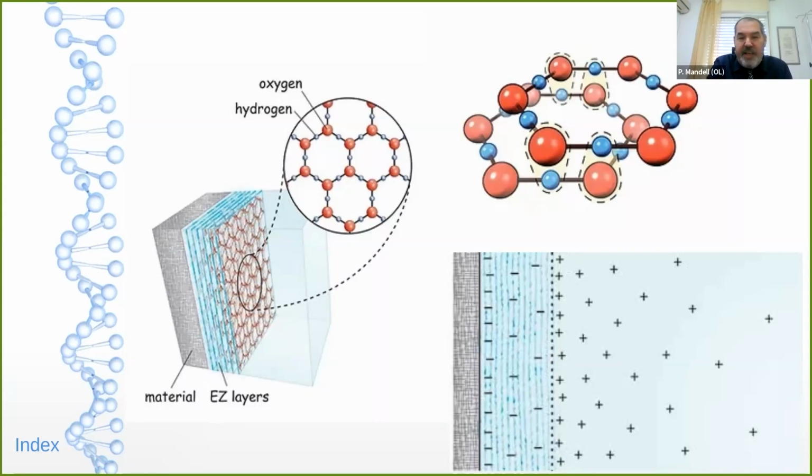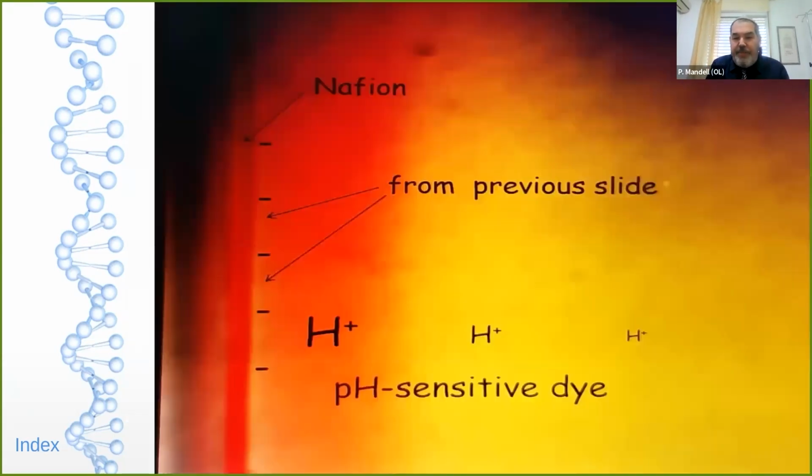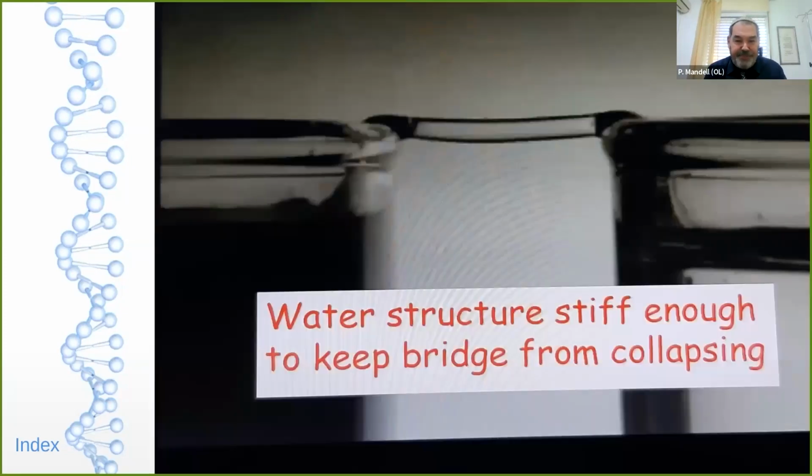So you can see the water closest to that hydrophilic substance is negative, so it's changing charge. And the bulk water on the other side is positive. It's actually like a battery. This is a pH sensitivity dye to show the Nafion, which is a hydrophilic material. And you can see the water closest to the Nafion is a negative charge, as opposed to the bulk water on the other side. These are anomalies you can see of structured water or EZ water.